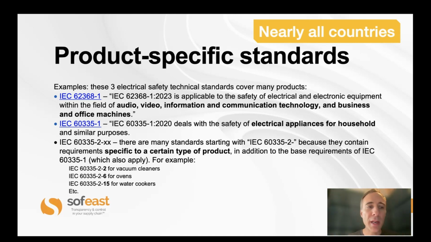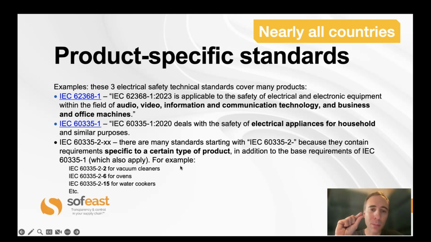But then let's look at another one, IEC 60335-1. This one is also very wide, about electrical appliances for household. But in addition to the very wide types of requirements, it also comes with -2, -6, -15, -20, for various types of products.